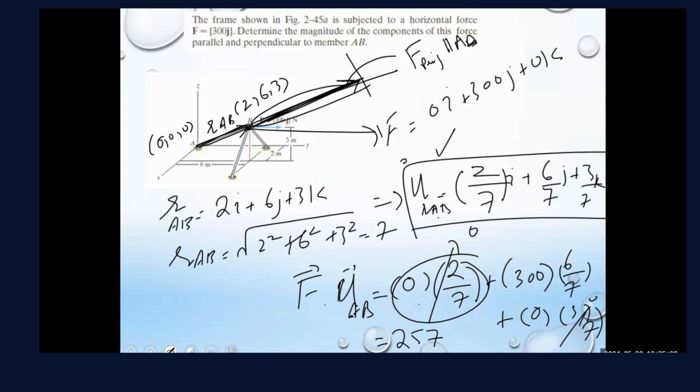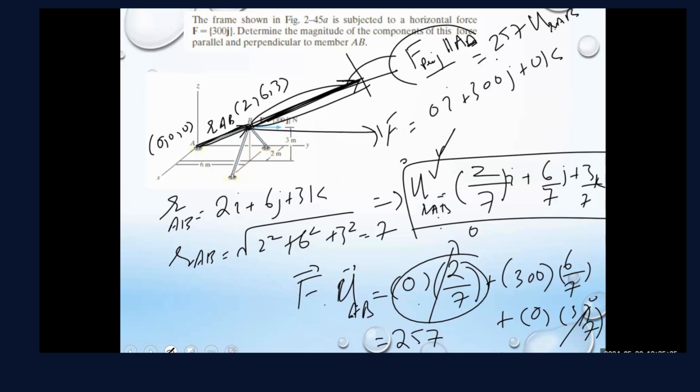What you got here is the magnitude, remember this thing, right? So if I say this is a vector, its magnitude is 257, but the unit vector is the same that you already know, R, A and B, right? You just plug the values, just multiply and you got the vector basically, right?